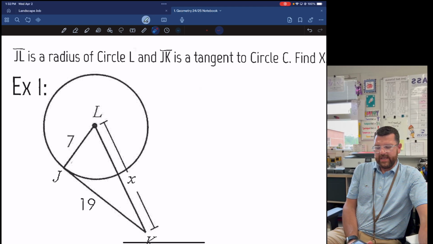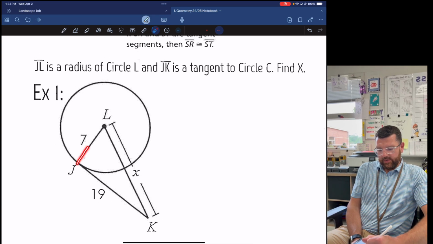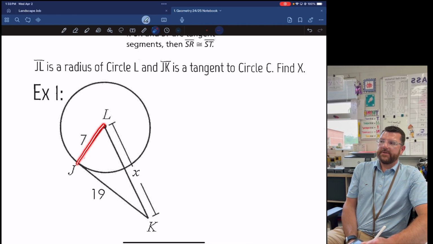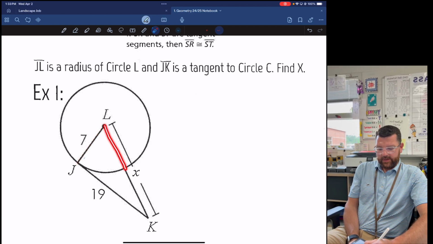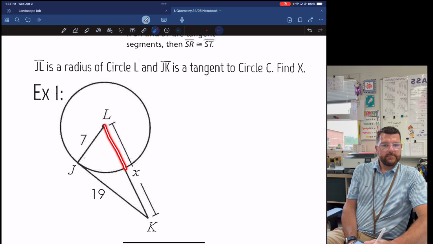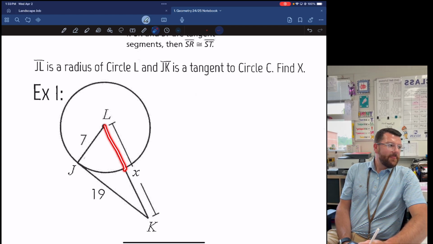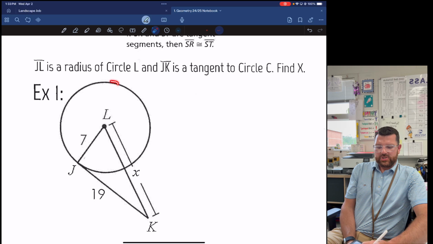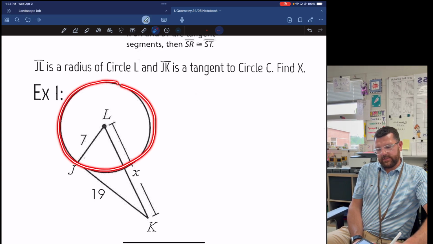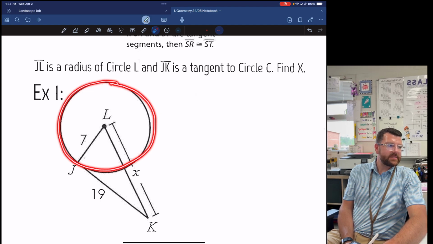This says segment JL is a radius of circle L. How much is this radius? 7. Why? Because radiuses or radii are always going to be the same length. The definition of a circle is a set of points all equal distance from the center.